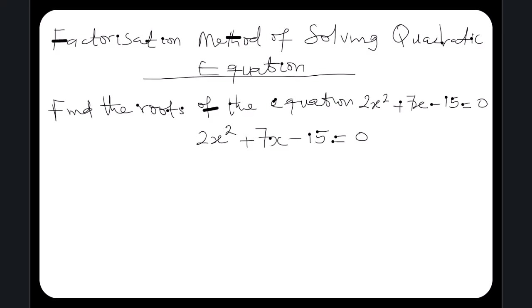Though in this question, our equation is equal to 0. That means everything at the right hand side has already been moved to the left hand side of the equation.